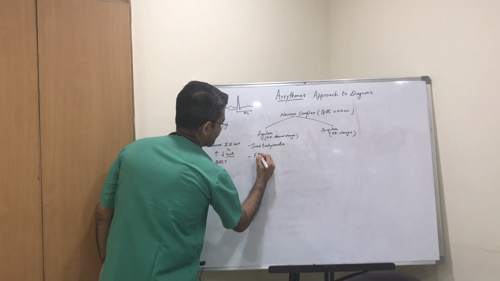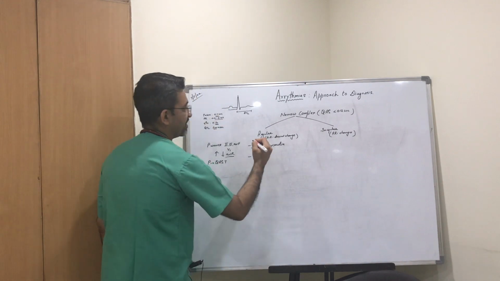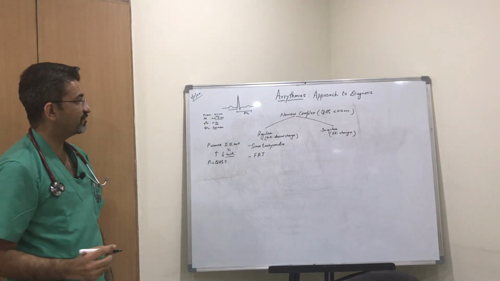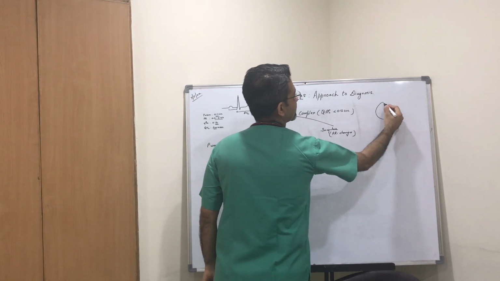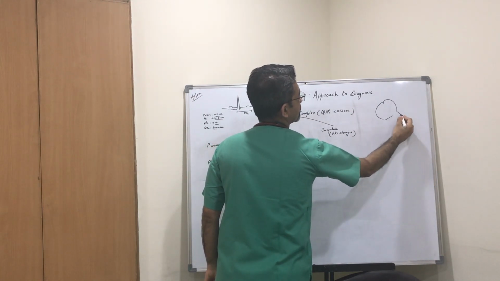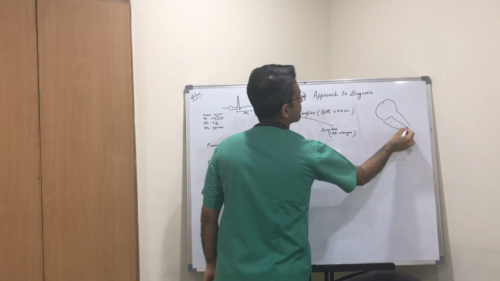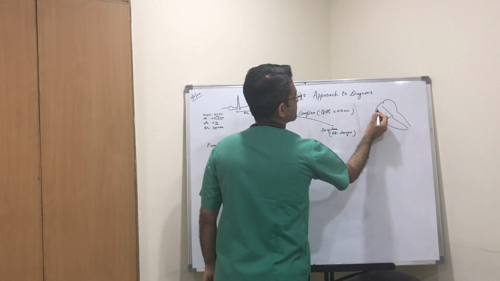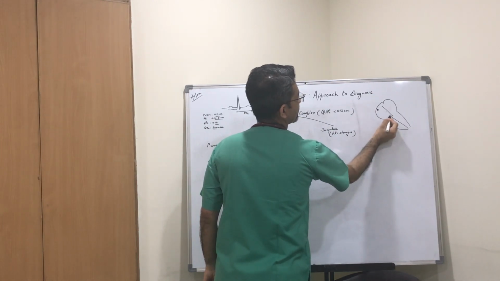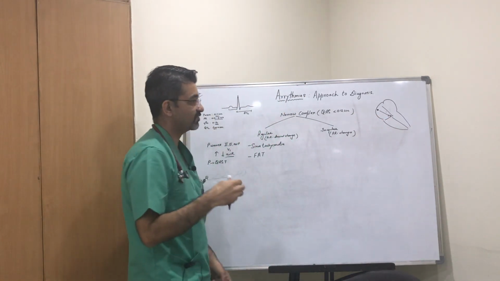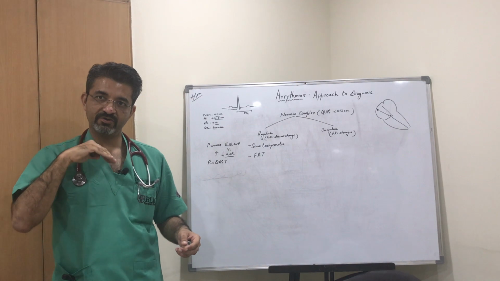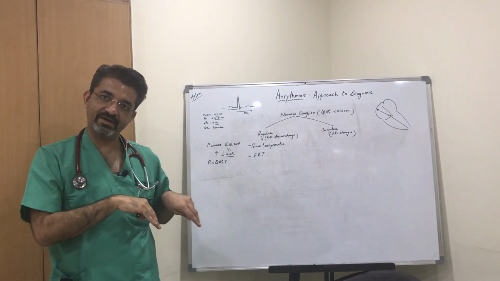focal atrial tachycardia, FAT. By focal, what does it mean? Suppose this is your heart, this is your SA node, this is your AV node. So the transmission of impulse is from up towards down and left.